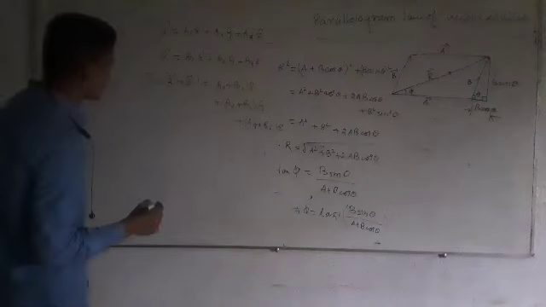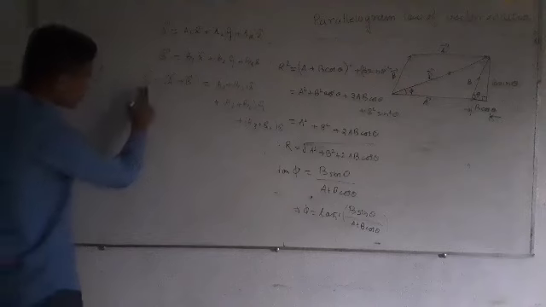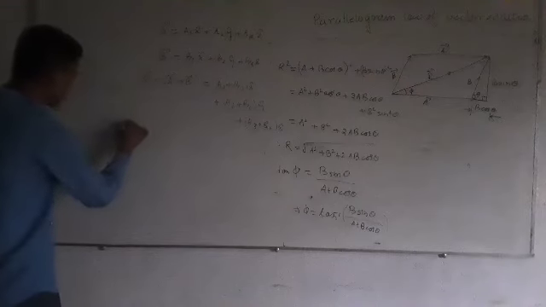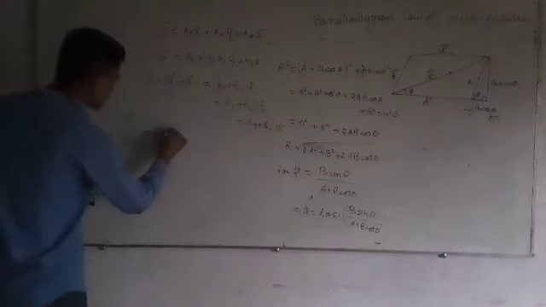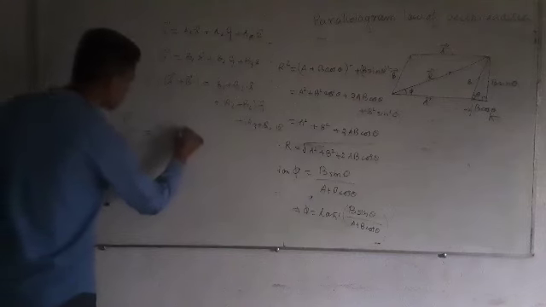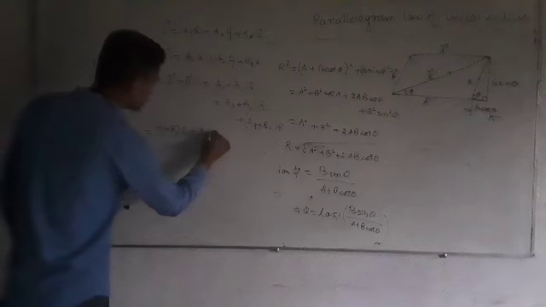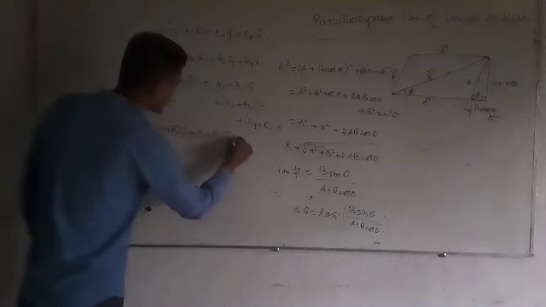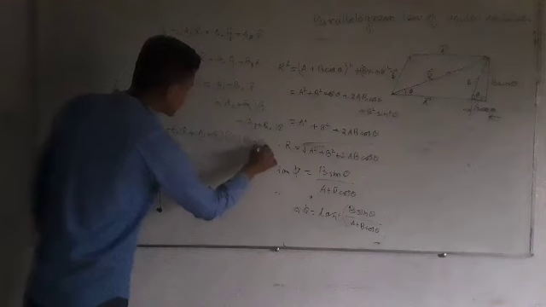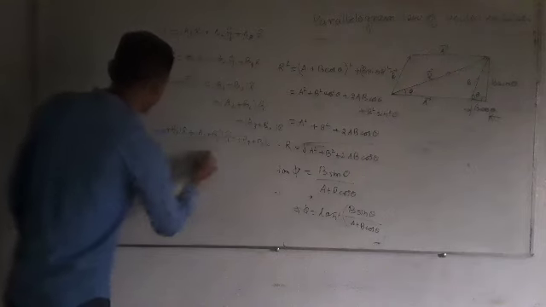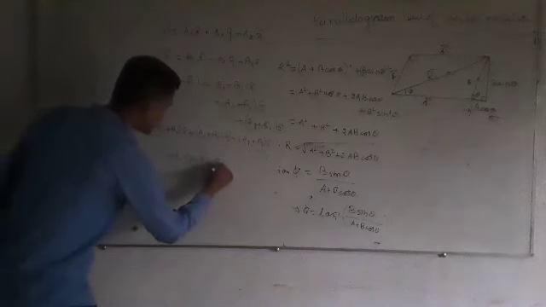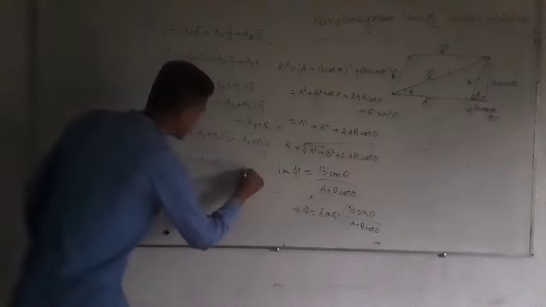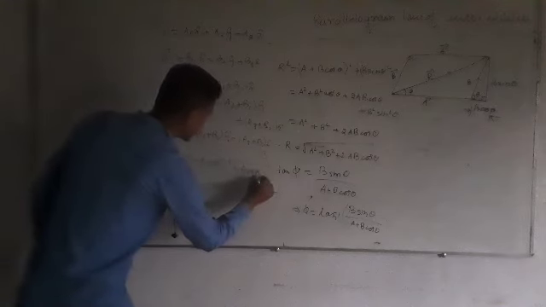And now the direction of the resultant vector is given by R vector by R, which is equal to (A1 plus B1) x cap plus (A2 plus B2) y cap plus (A3 plus B3) z cap, divided by its magnitude, that is the square root of (A1 plus B1) whole square plus (A2 plus B2) whole square plus (A3 plus B3) whole square.